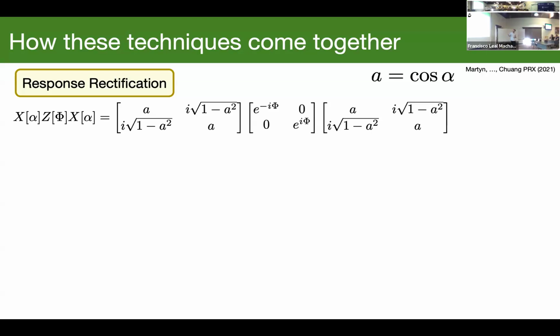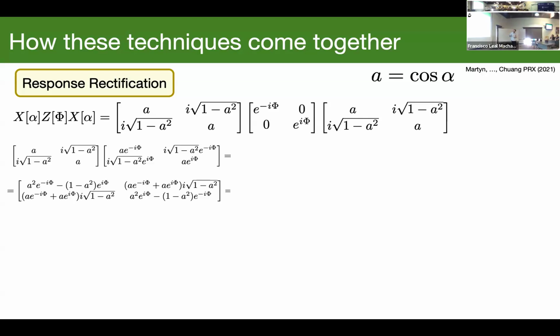If I take two of them and sandwich them between these phi rotations, and you work through the math, you pick up a bunch of phis, and you find a polynomial that is no longer linear in a, but quadratic in a. And the coefficients that you pick up depend on the choice of the phis that you make.